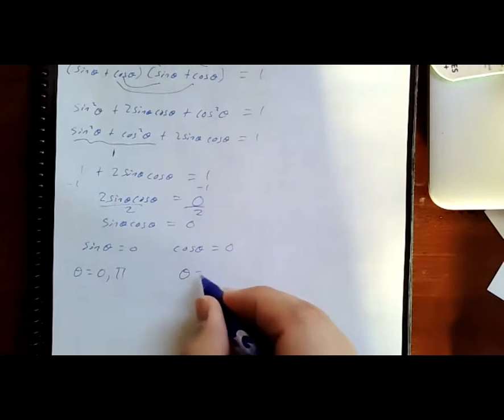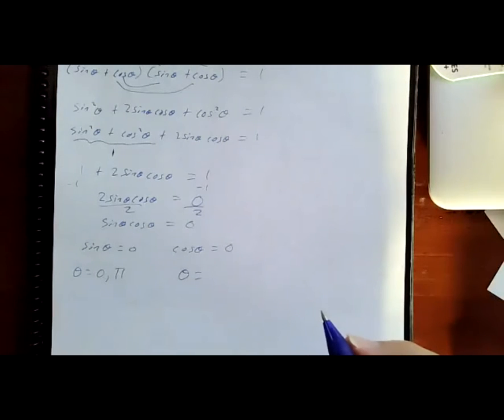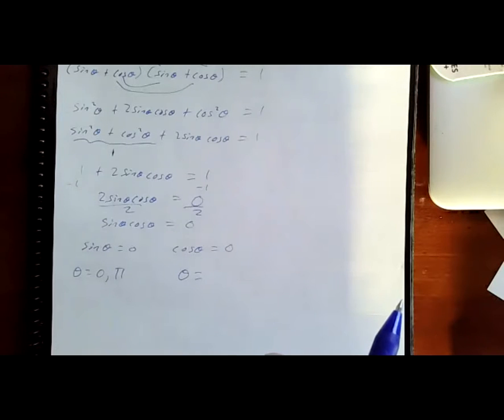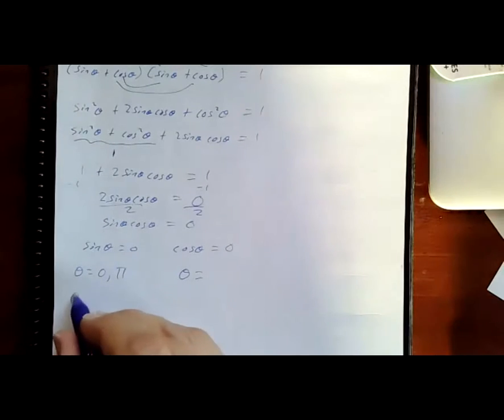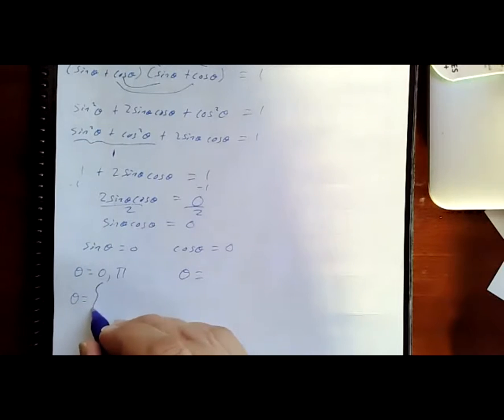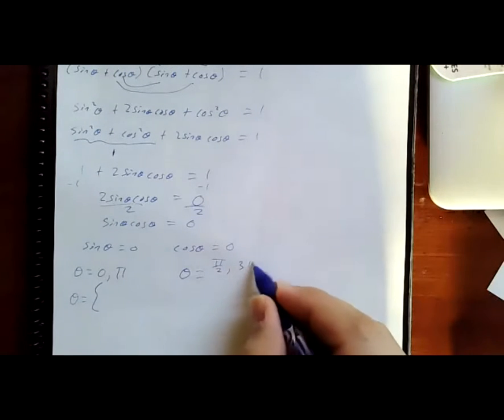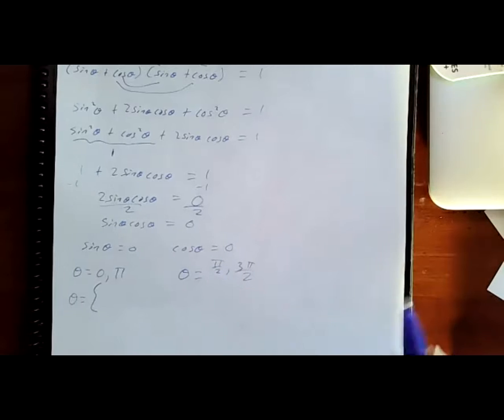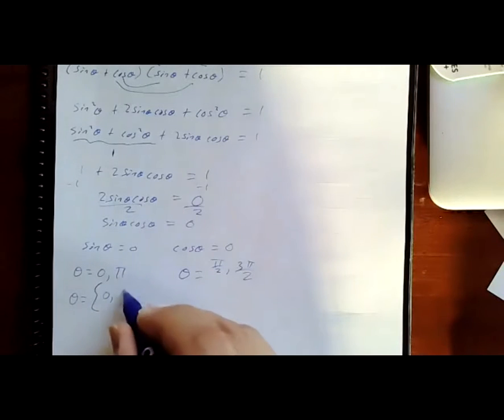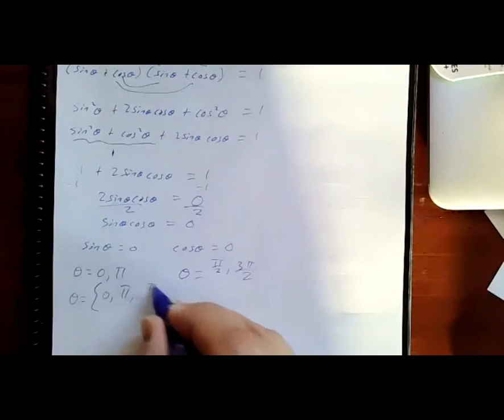When is cosine equal to 0? Pi over 2 and 3 pi over 2. So just list them in here and we're good.